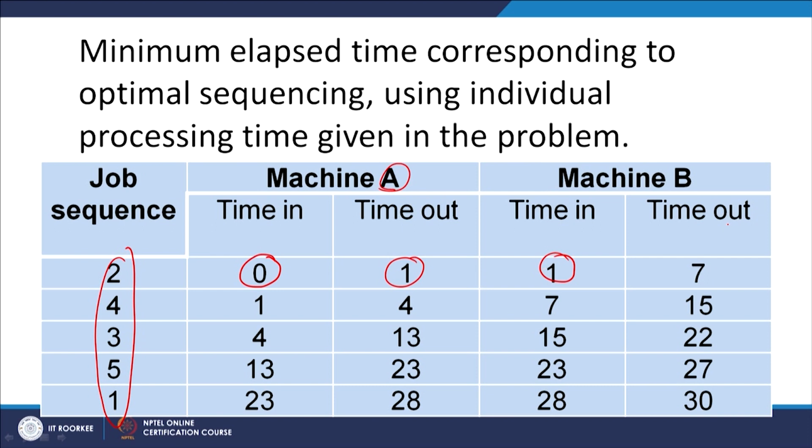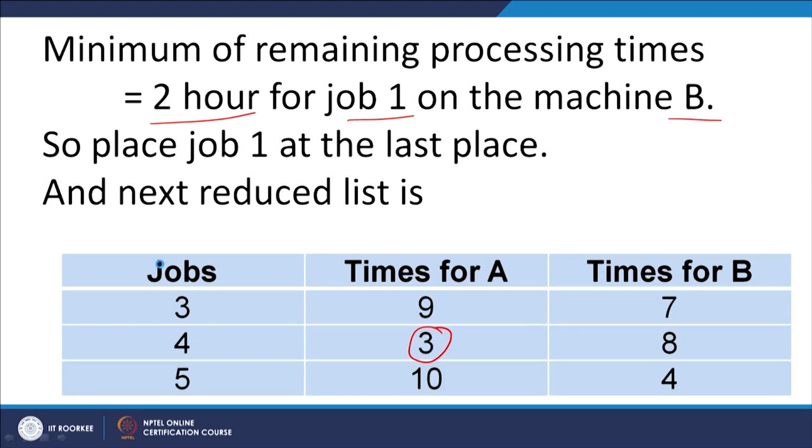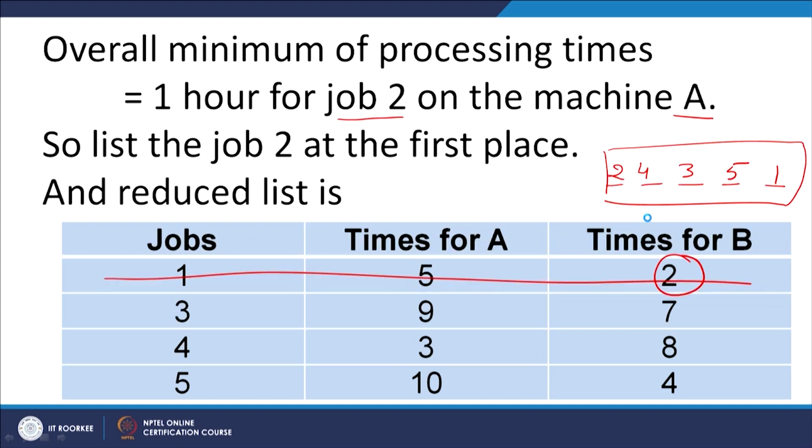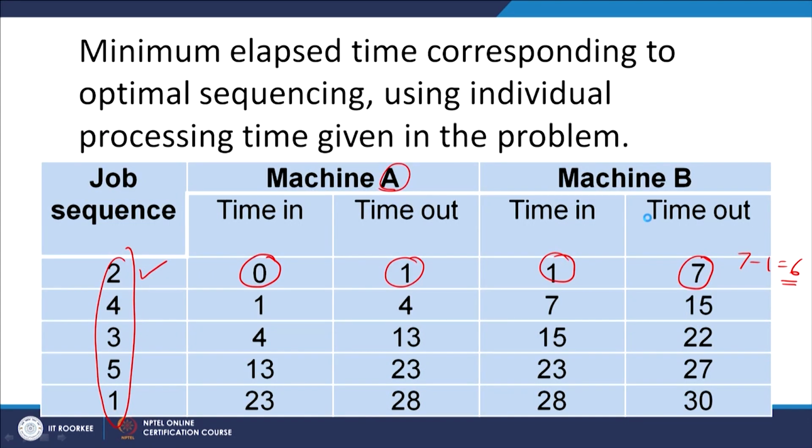The time out is 7. Can you tell why this is 7? Because 7 minus 1 is equal to 6, and we know that job number 2 requires 6 hours on machine B. Let us verify it. Here you are. It requires 6 hours on machine B. Therefore, the time out has to be 1 plus 6, that is 7.